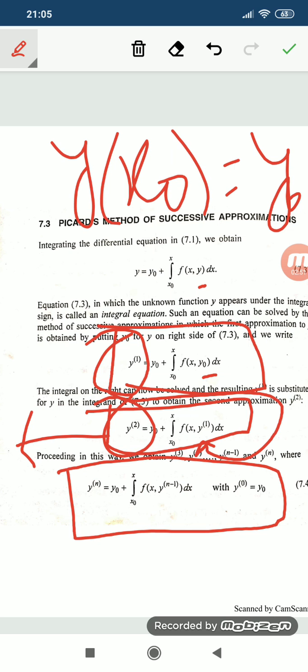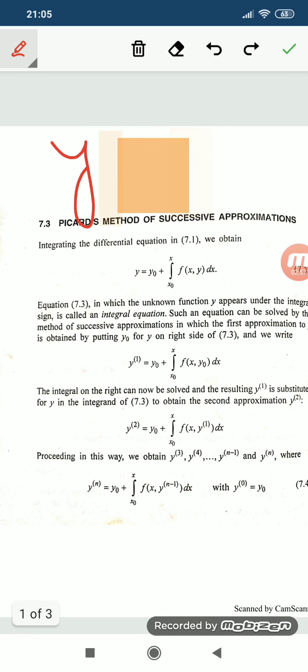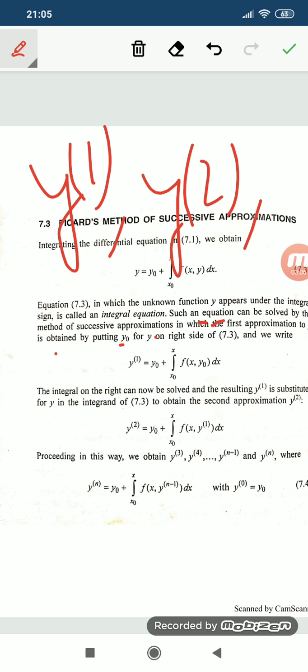This method is pretty simple, and you might have noticed that using this method, we are generating a sequence of approximations: this is the first approximation, this is the second approximation, and so on. Now there is a condition known as the Lipschitz condition.